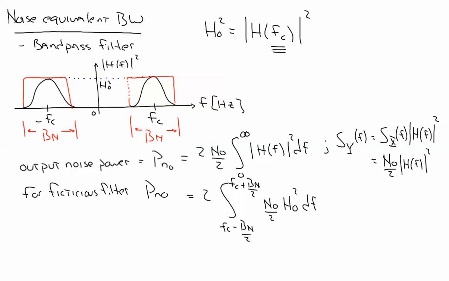Once again, I'm integrating a constant, so the result is N0 H0 squared b sub n. This is the output noise power for my fictitious ideal filter, and I'm going to set that equal to the output noise power for my real filter.